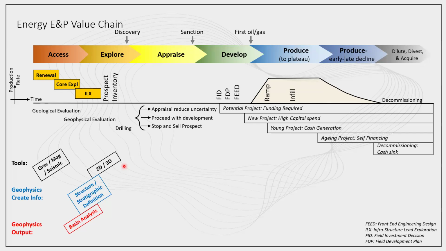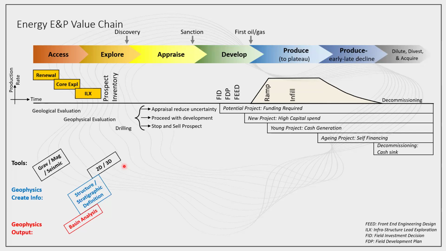We can give the reservoir engineer the reservoir definition and the extent of the reservoir. The same for the facilities. We can calculate the volumes, and also decide whether we need to build facilities. How big the facilities need to be is based on the volume that we will find from the seismic.